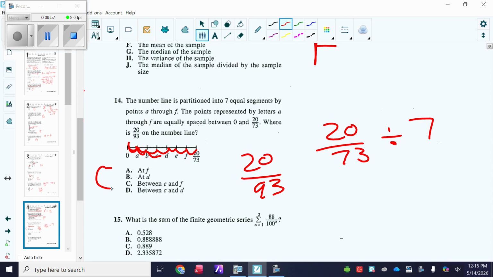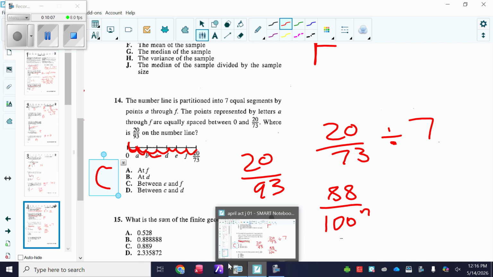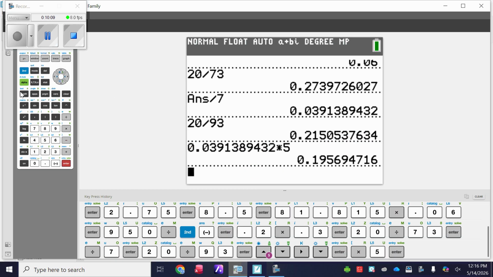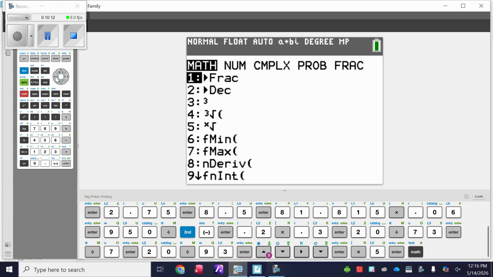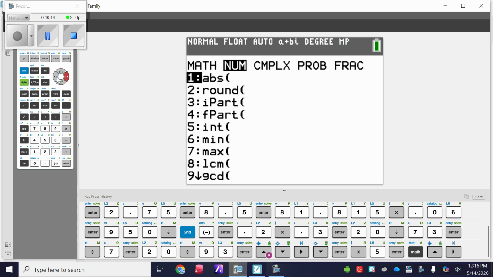This is asking you to sum for n equals 1 to 3 that fraction. Now the beauty is you have that on your calculator. It's under math, summation.